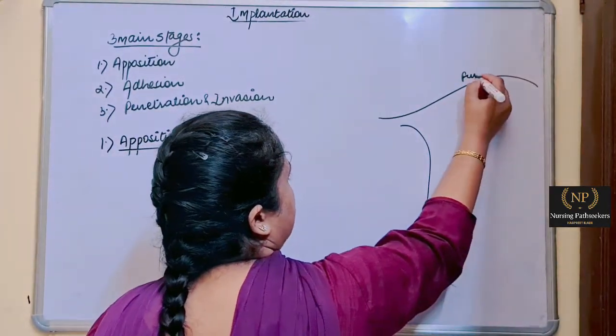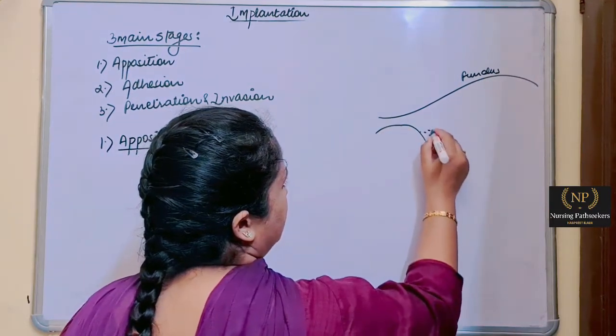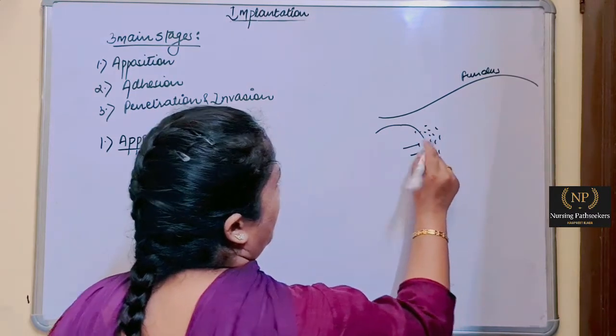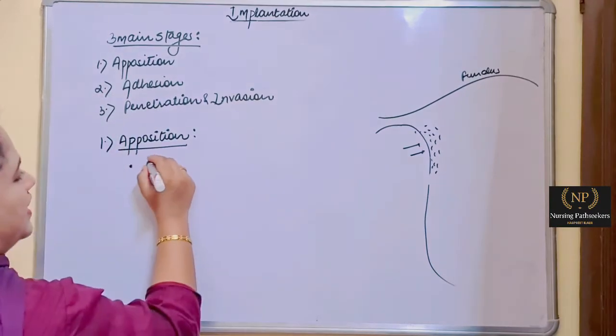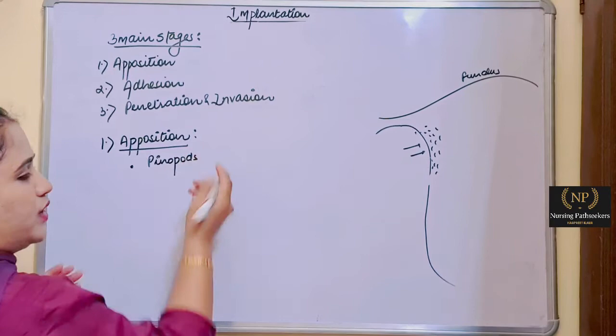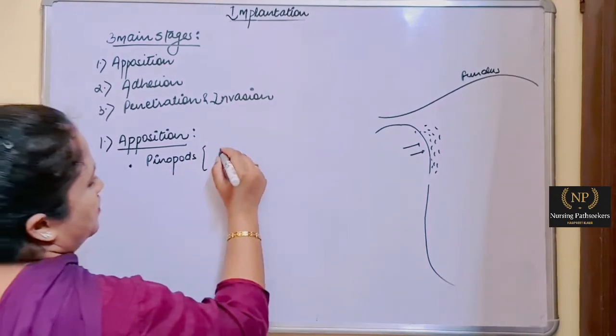Now this is the fundus of the uterus, and here the implantation has to take place. What happens here? Apposition occurs with the help of pinopods. What are these pinopods?